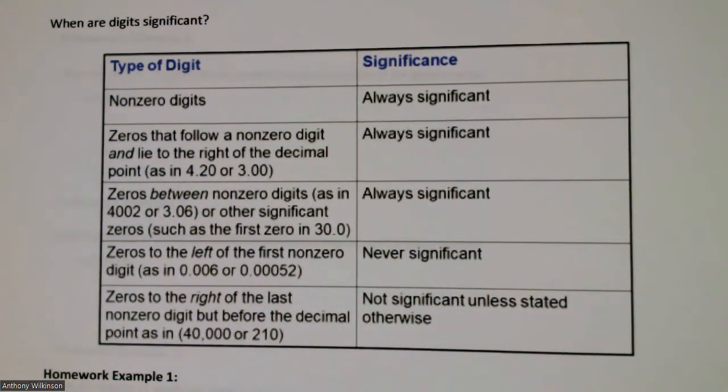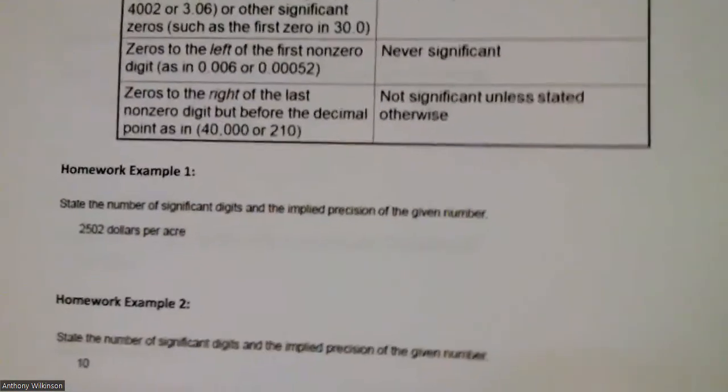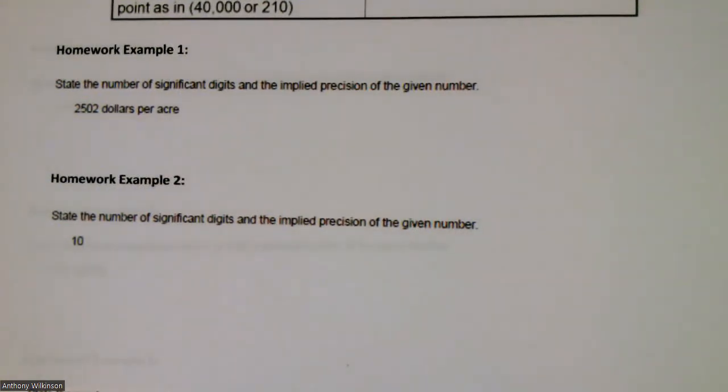So now let's look at some examples of significant digits. Like in this case right here, I want to state the number of significant digits and the implied precision of the given number, like in the number $2,502 per acre.